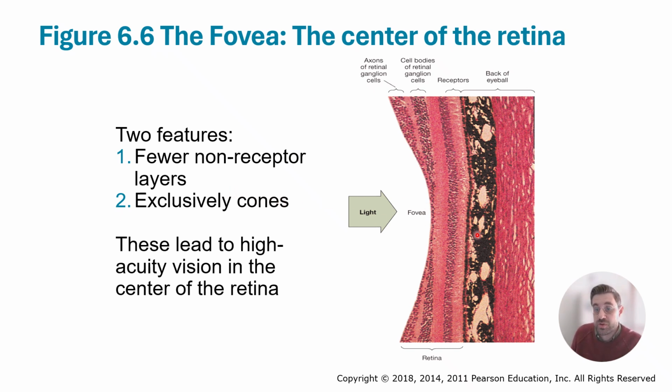It's focused on receiving, and it's focused on cones. We'll talk in a minute about what's different about the rods and cones, but just so you know that this is what this is going to do, focusing on receiving and focusing on cones, is going to lead to high acuity vision. By high acuity, I just mean clarity. So the center of your eye is clearer, and the reason for that, which we'll explain in a minute, is that we have a high density of cones.